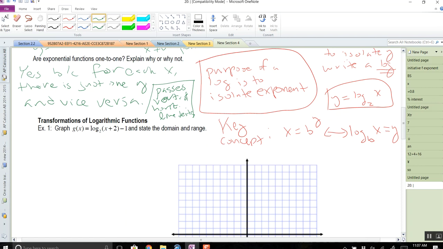So for every x for an exponential function is one y, and vice versa. So it enables us to say that the log expression is also a function too. So logs are functions because they pass the vertical line test, but they came from exponential functions. They pass the horizontal line test. So when we did the inverse, great, we got a function. Let's do a graph. Let's do some evaluating, and then I'm done with the notes.